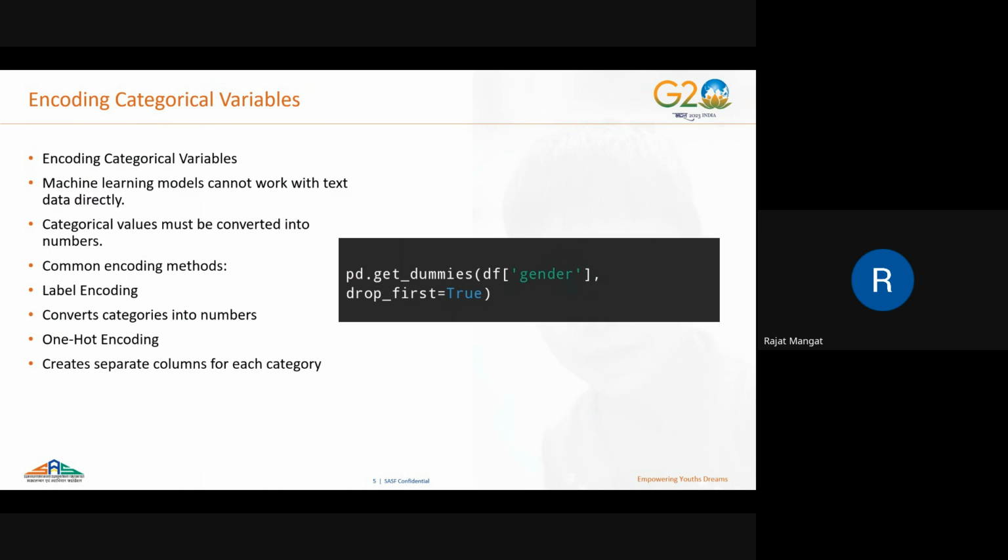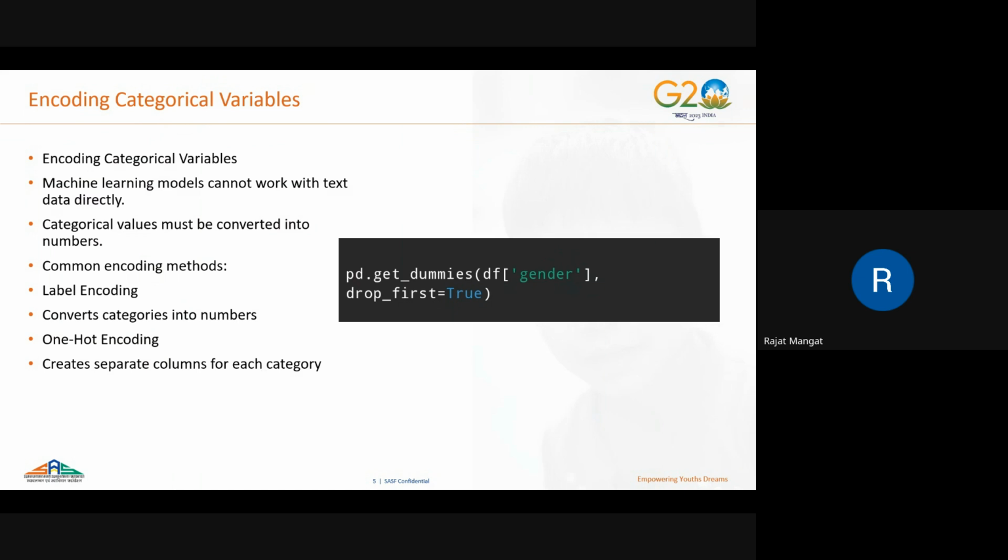In one line, encoding teaches machines how to read categories. Gender comes under categories, whether the person is male or female. We make the machine understand those categories by converting text into numbers, and this process is called encoding categorical variables.